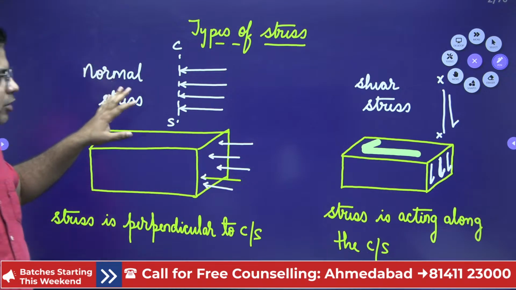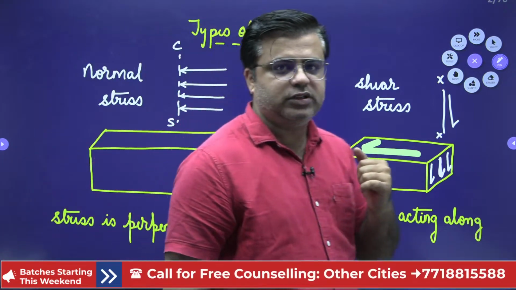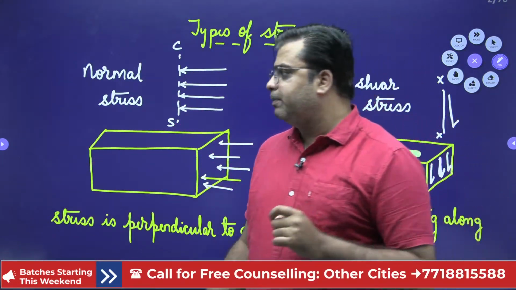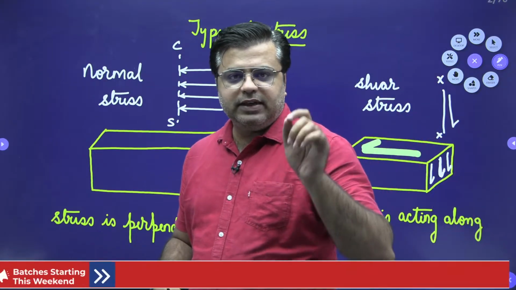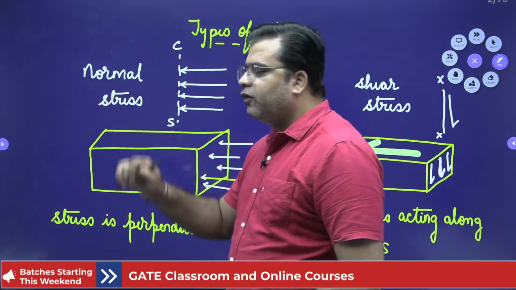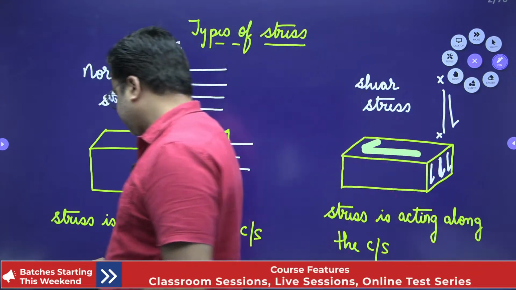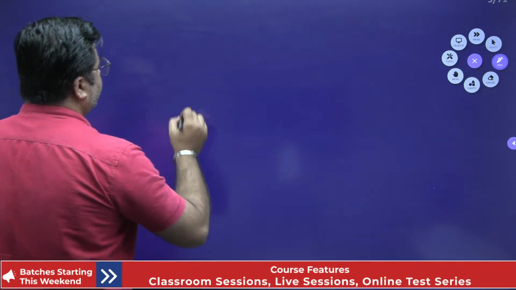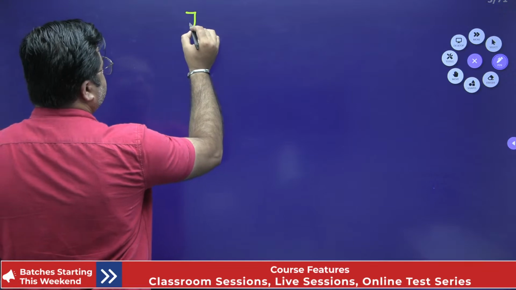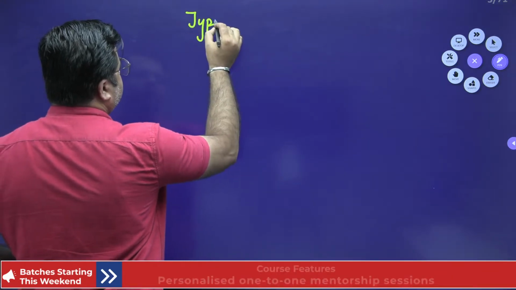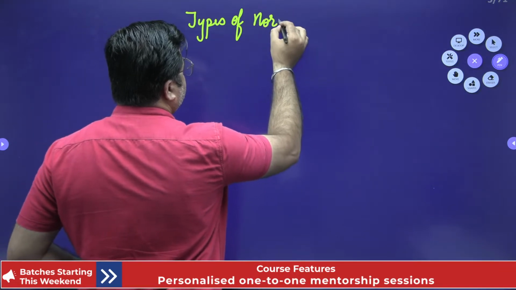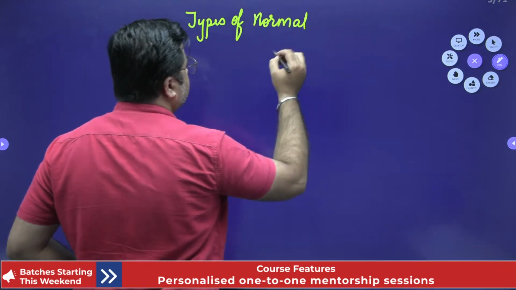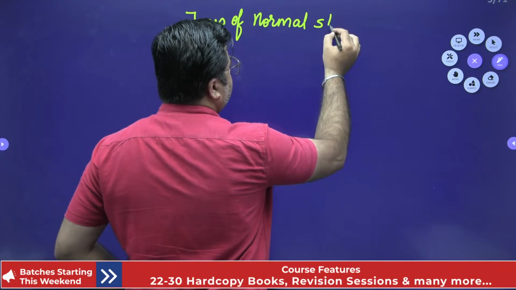First one is the normal stress and second one is the shear stress. Now we will see both varieties of stresses in detail. So let us give the first heading, types of normal stresses.